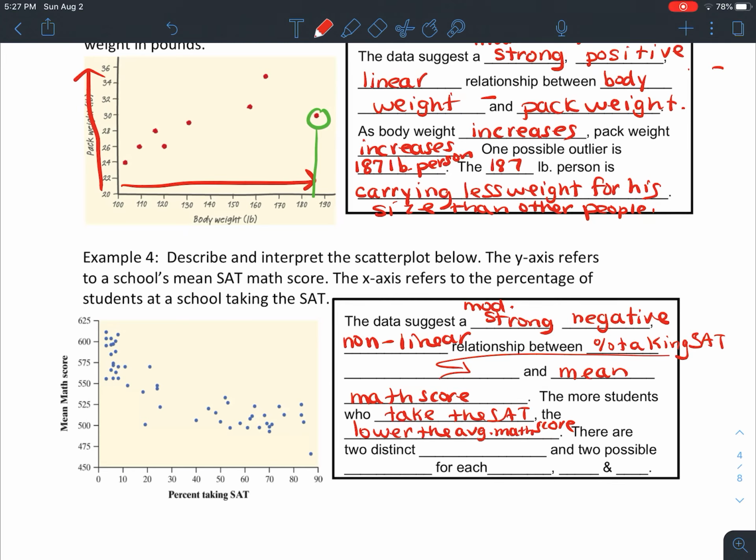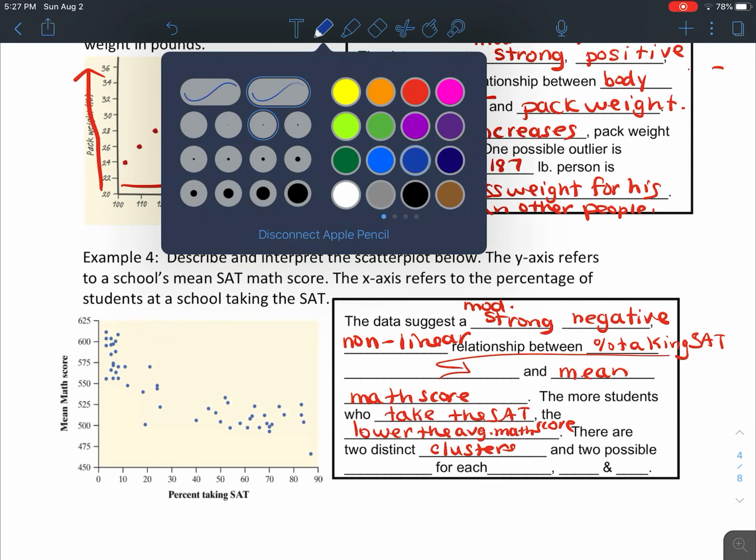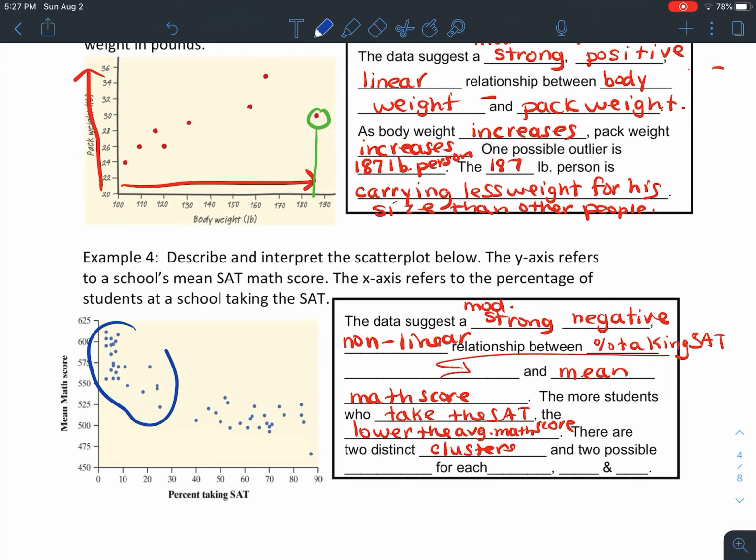So it says there are two distinct, we're going to call this clusters. As you look at this, I've got a cluster here and a cluster right there. I just went over top of that point and I want to be able to see that. Cluster here and a cluster there. So there are two distinct clusters.